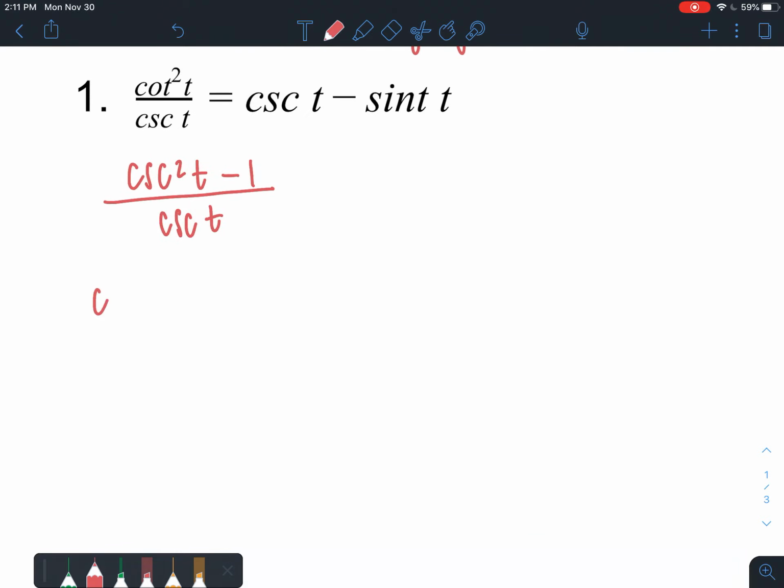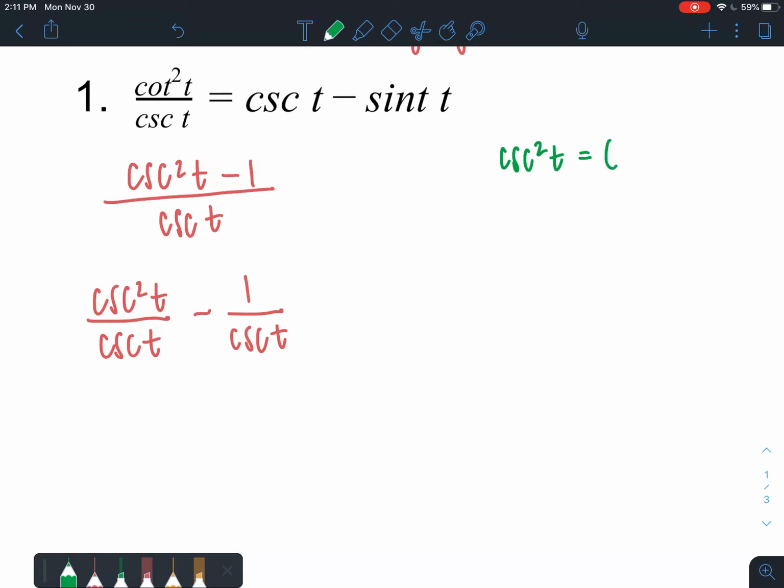Then let's separate the fractions. So I have cosecant squared t over cosecant t minus 1 over cosecant t. Just a reminder that cosecant squared t is the same thing as cosecant t quantity squared.